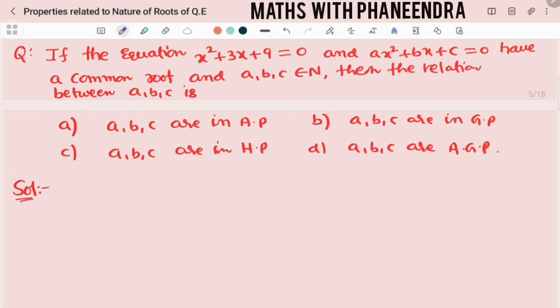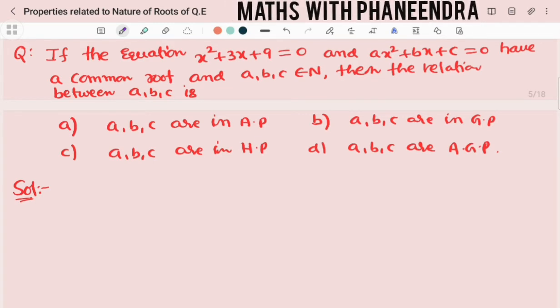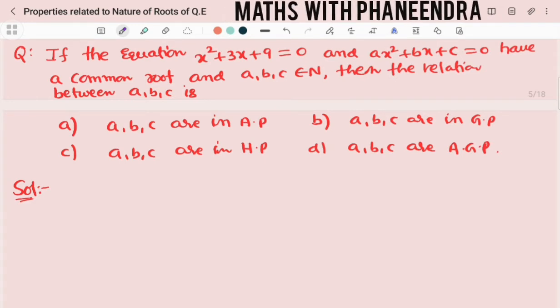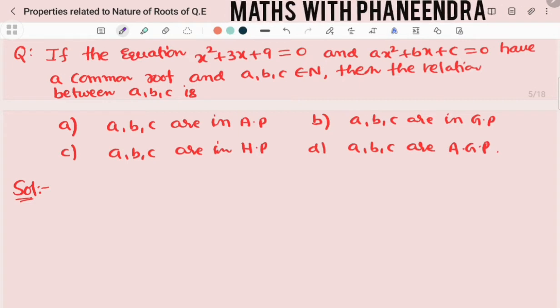So here two quadratic equations are there. One is a general quadratic equation, another one is also a quadratic equation. By finding the discriminant, we will say the nature of the roots of the quadratic equation.